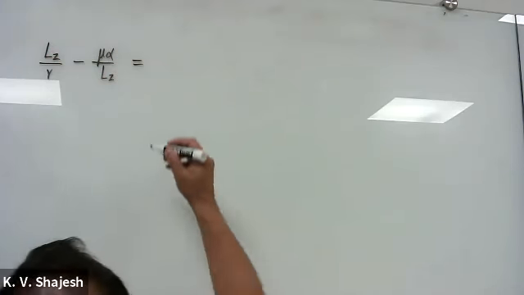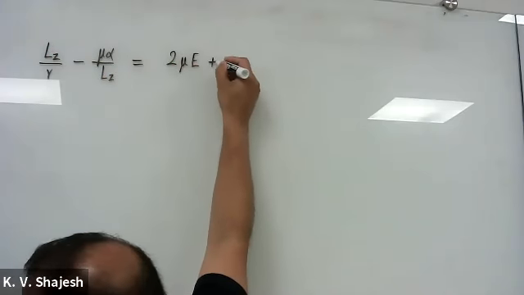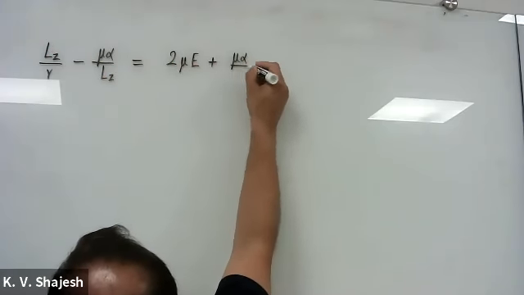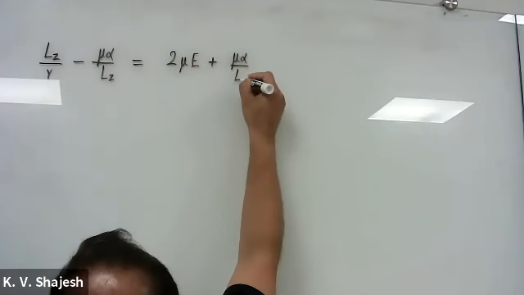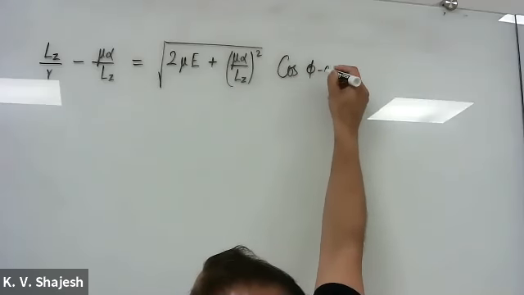C was the square root of 2 times mu times E plus mu alpha over LZ squared, times cosine of phi minus phi naught.